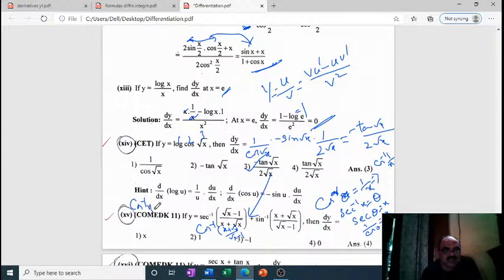Cos inverse x plus sine inverse x is pi by 2, and y equals pi by 2. Differentiation of pi by 2 is 0. This is how you must get it, friends.